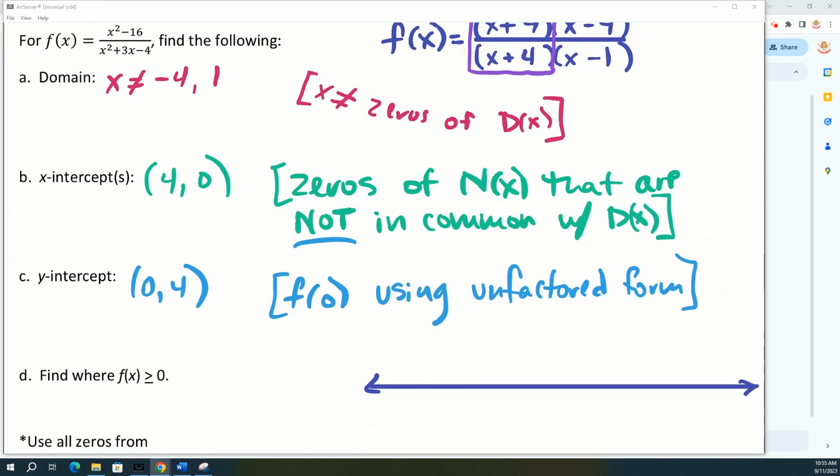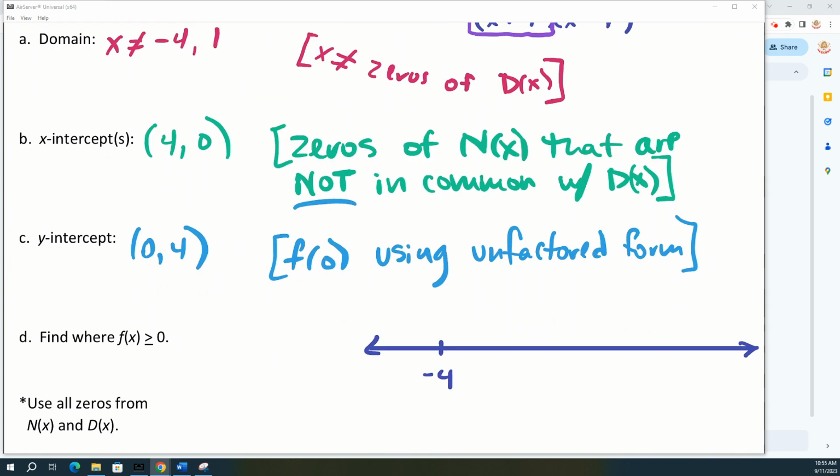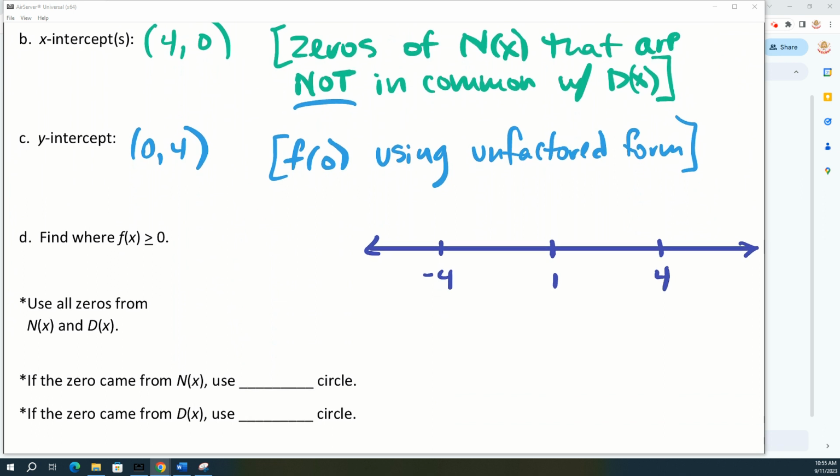So that's going to be -4, 1, and 4. So we label those on the number line. And I should have put this second part in a different order. I didn't think about it till I started teaching it today. We're going to talk about it in a different order.